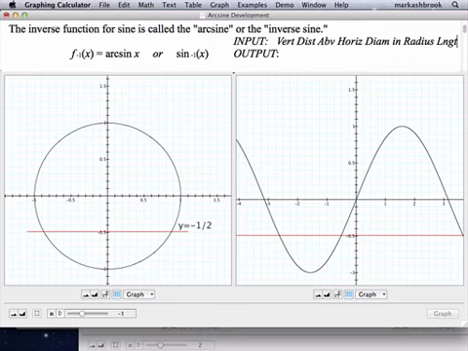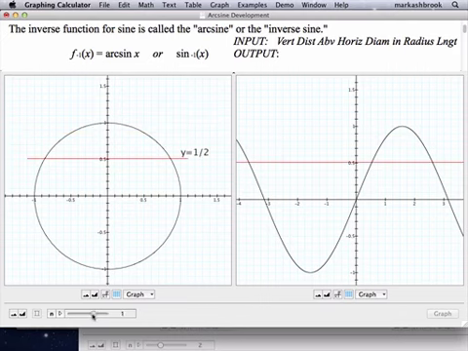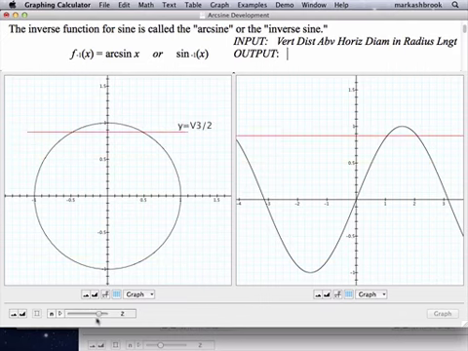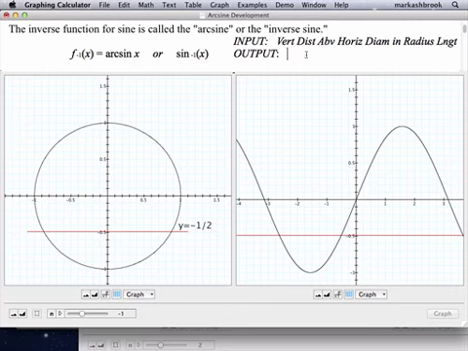What about the output of inverse sine? We're going to put the vertical distance in, and that's what I'm showing on this graph. That's represented by the red line. The red line represents some vertical distance. What's arcsine going to give us? What goes into sine is what's going to come out of arcsine.